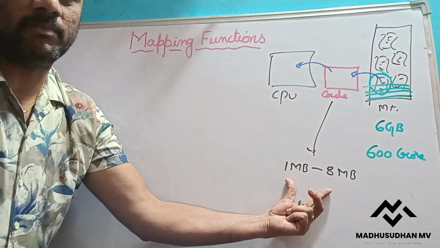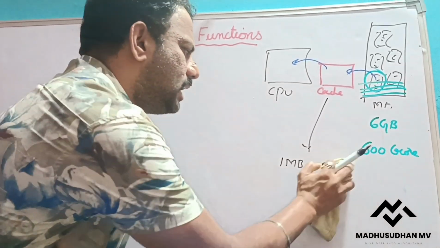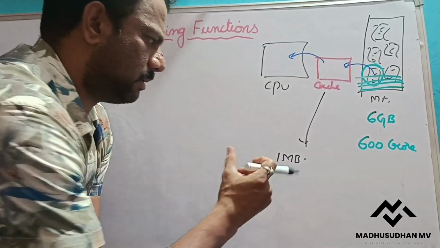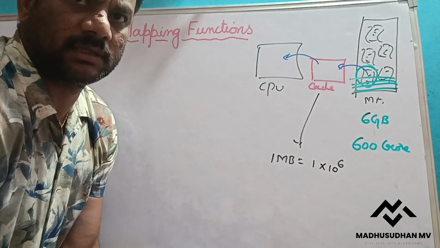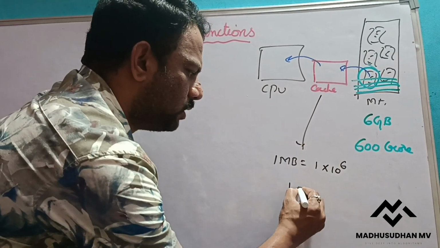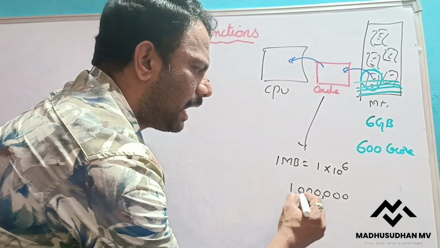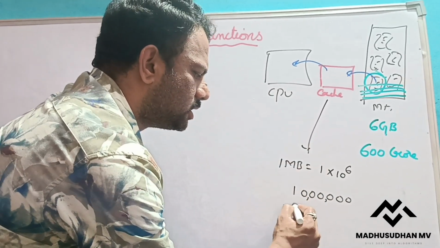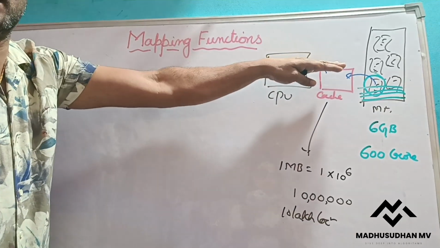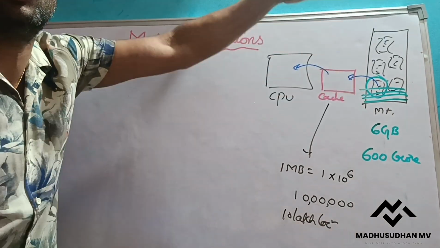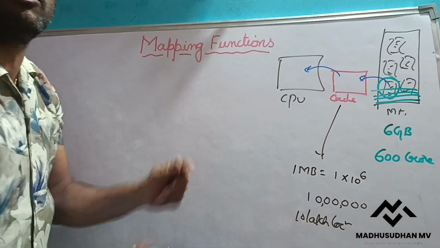Let us say 1 MB. 1 MB means 1 into 10 to the power of 6 bytes, that means 10 lakh locations will be there in our cache memory. See, where 600 crores, where 10 lakh locations. That means the cache is very, very small.